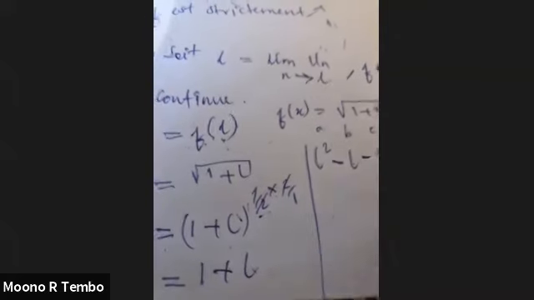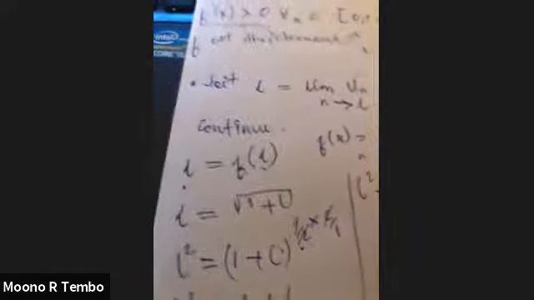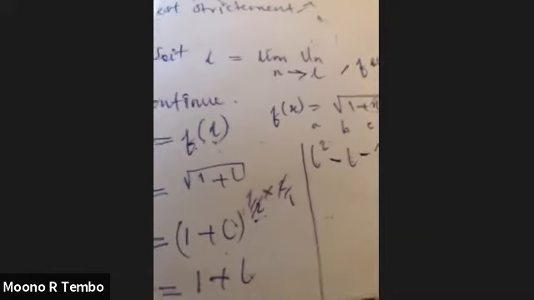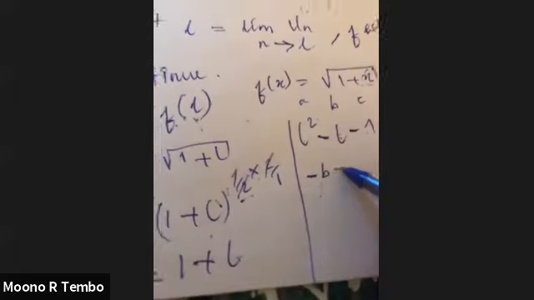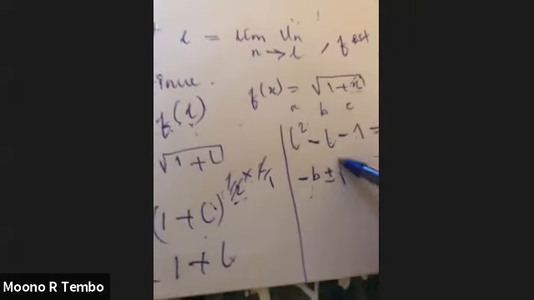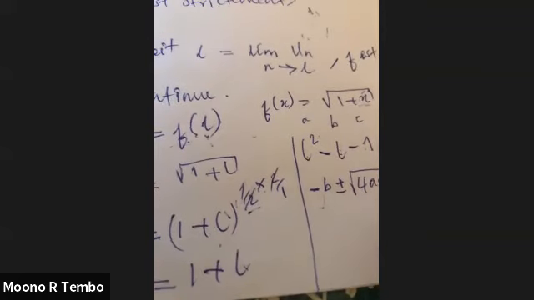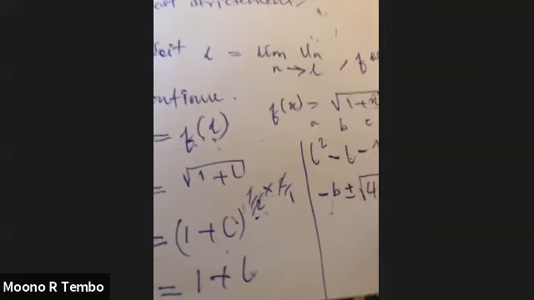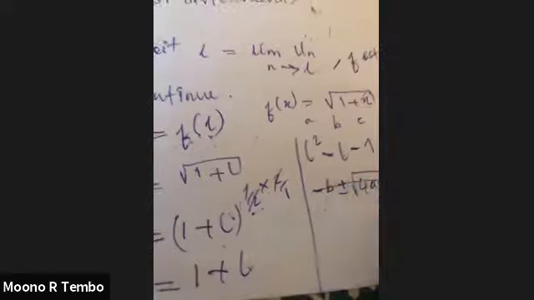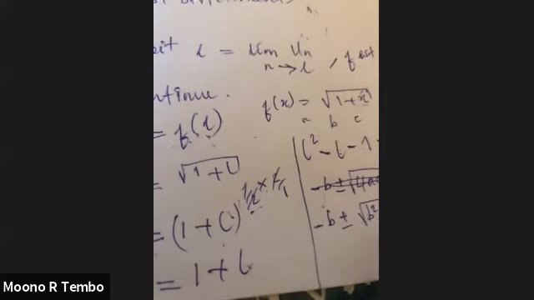Just to summarize very fast, we use the formula: negative B plus or minus the square root of B squared minus 4AC, everything over 2A.